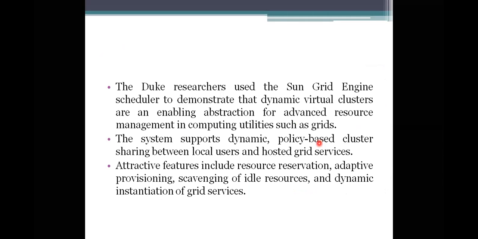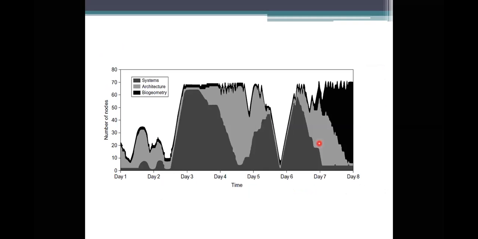If you see the example here, in developing that system they have taken three different environments into account. One is the system environment, another is the architecture environment, and another is the biogeometry environment.